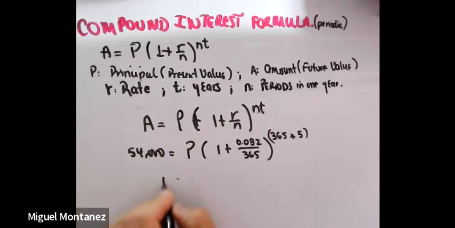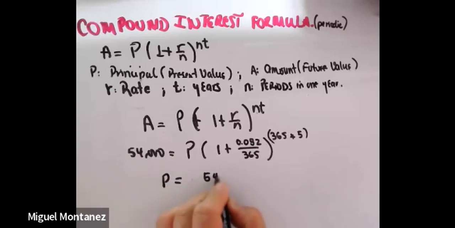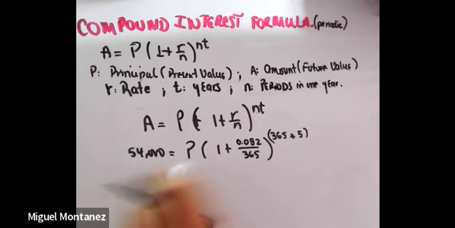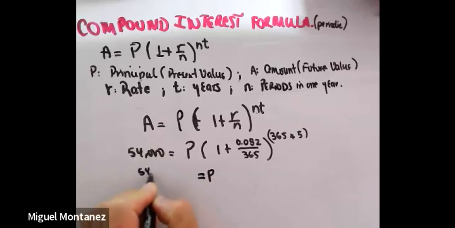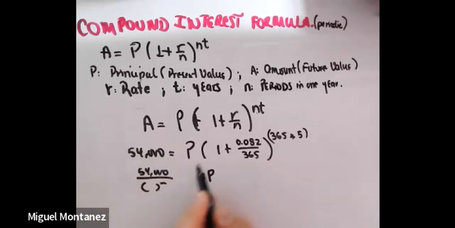So P is going to be $54,000 divided by that number. And we just divide left and right. So let's see what we have.